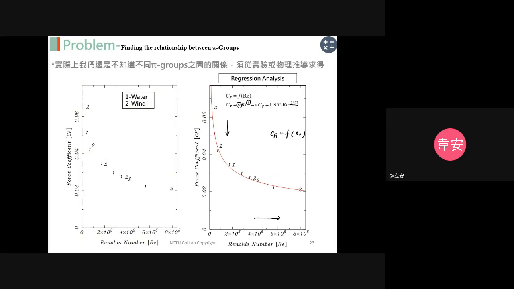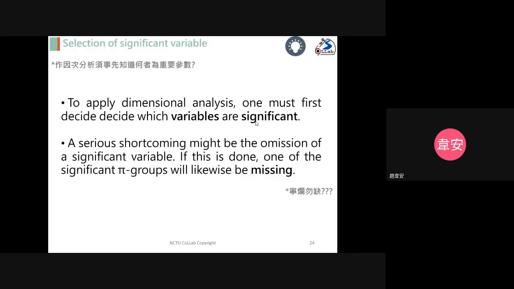But we have the experimental data, and then we know the actual relationship between the force coefficient and the Reynolds number. So this is very important. If we know the certain relationship between the two pi groups, then we can conduct the experiments to understand the relationship.